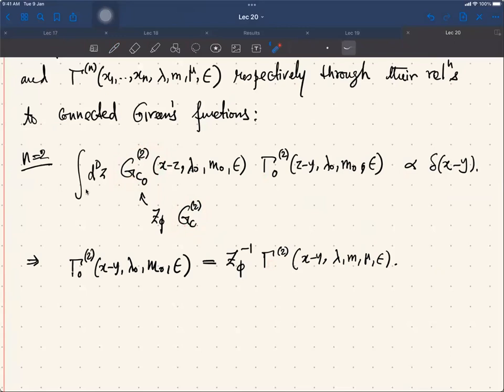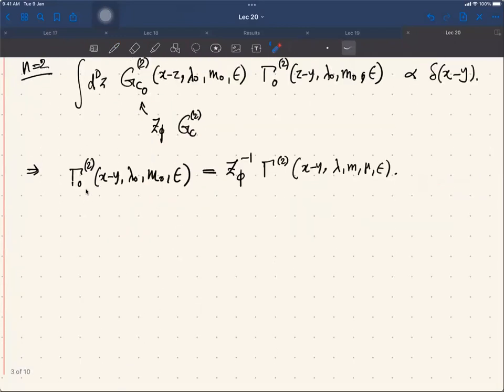And if you scale G by a factor of Z phi, then gamma will be scaled by a factor of Z phi inverse, right? Because the right hand side is the same, delta(x minus y). That is the reason. So we get this relation between the bare and the renormalized 1PI 2-point function.